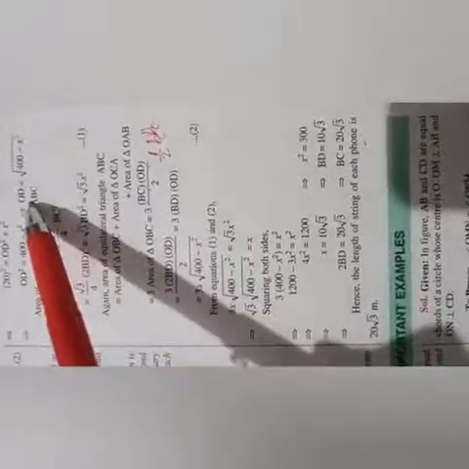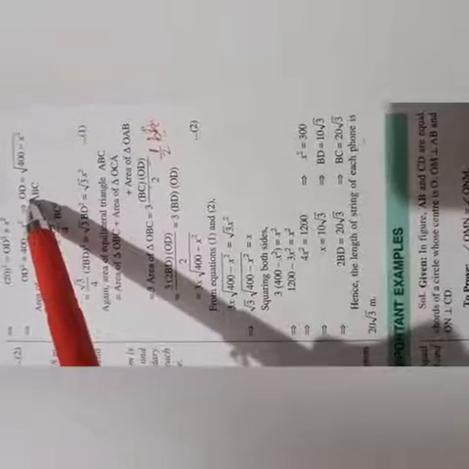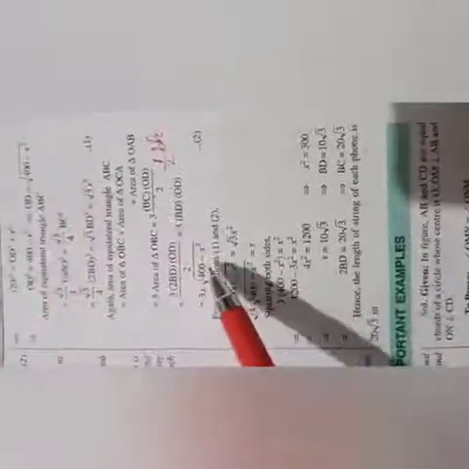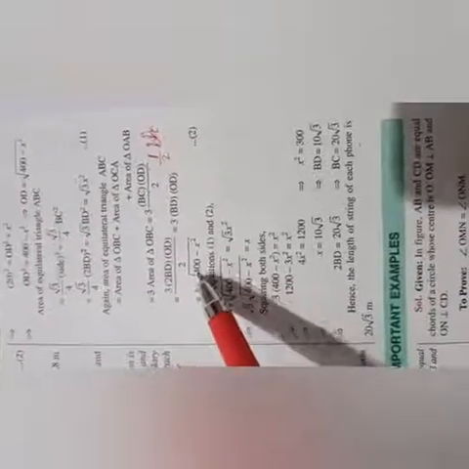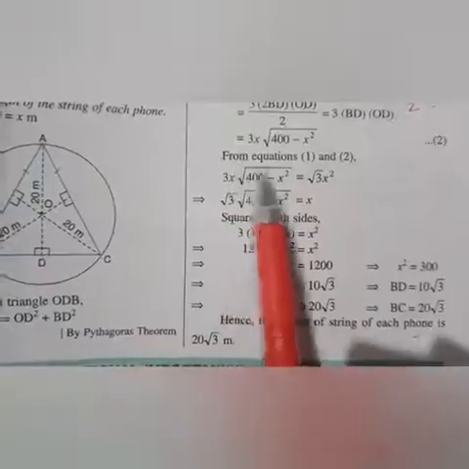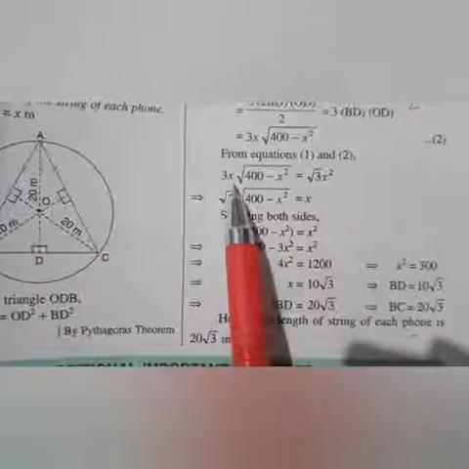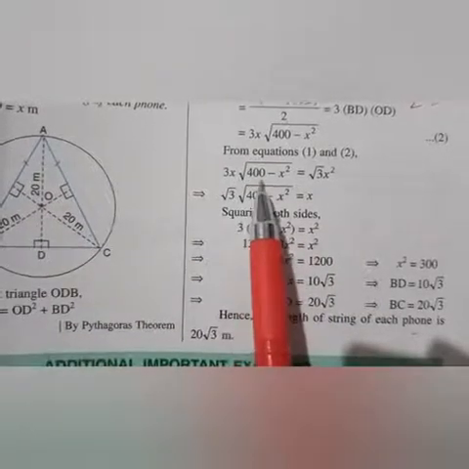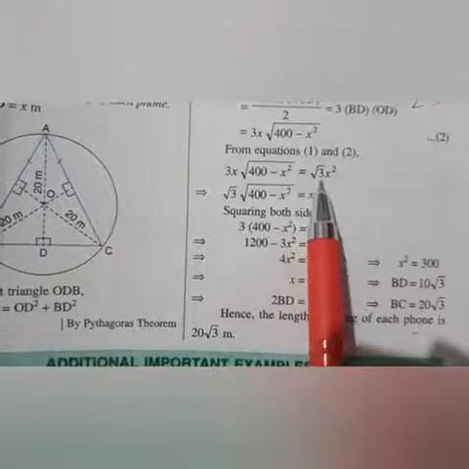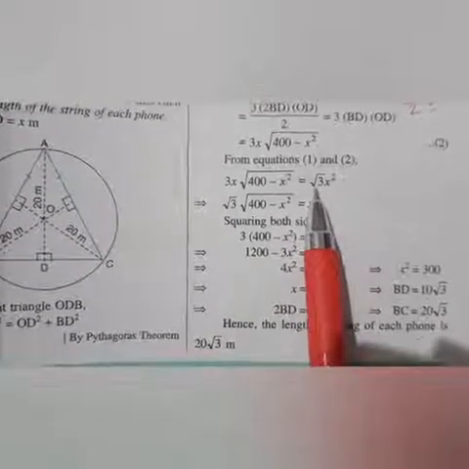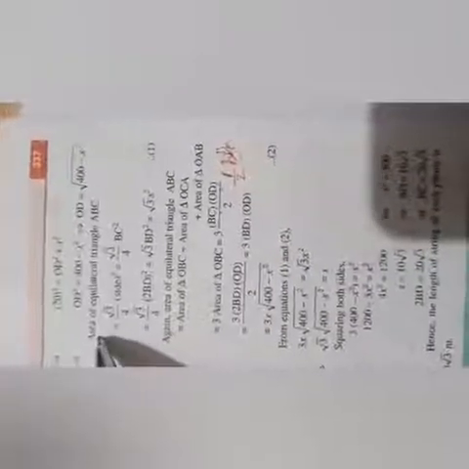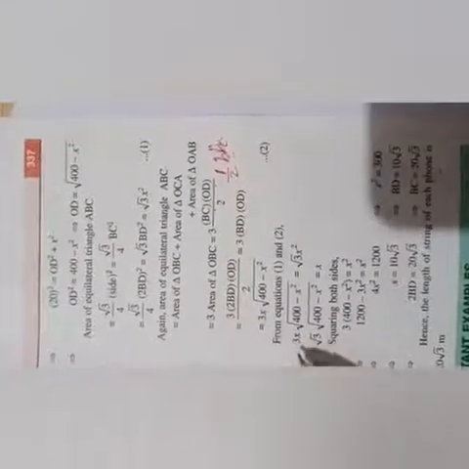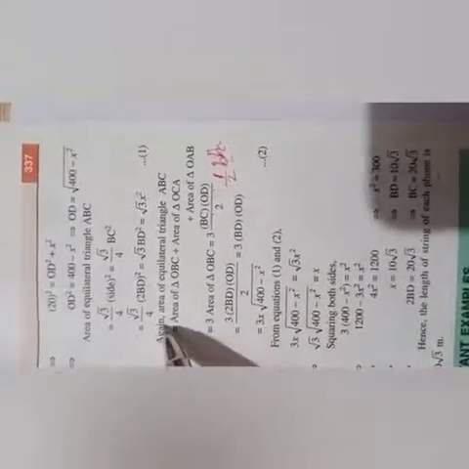Here we already found OD is equal to root 400 minus x square. This value we substitute and we got two equations now. Now from equation 1 and 2, both sides are equal. In equation 1 we find area of triangle ABC, and also in equation 2 we find area of triangle ABC.